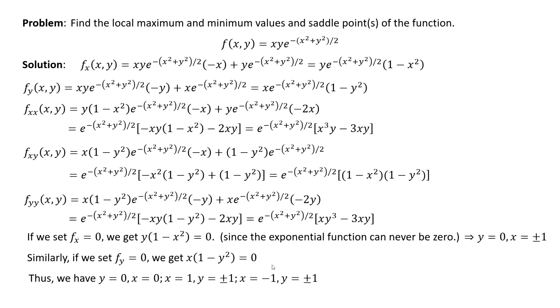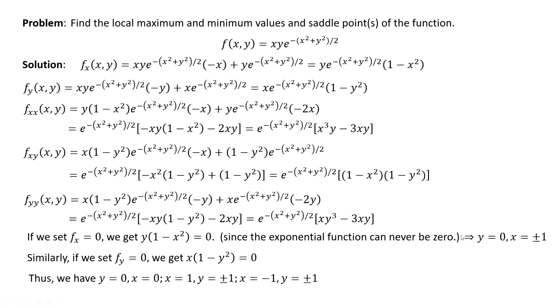So we have y equals 0, x equals 0, x equals 1, y equals plus or minus 1, all these situations. Which ones? As a combination, when y equals 0, then x must be equal to 0 according to this.